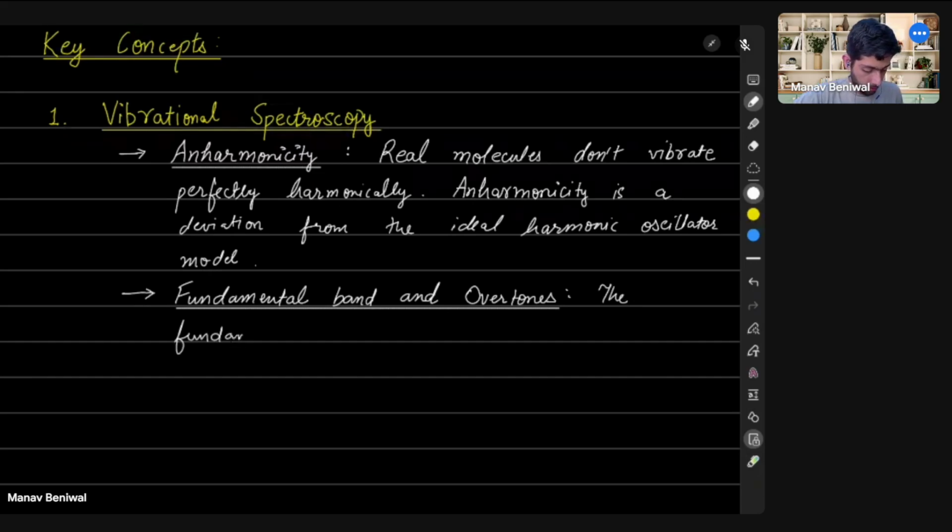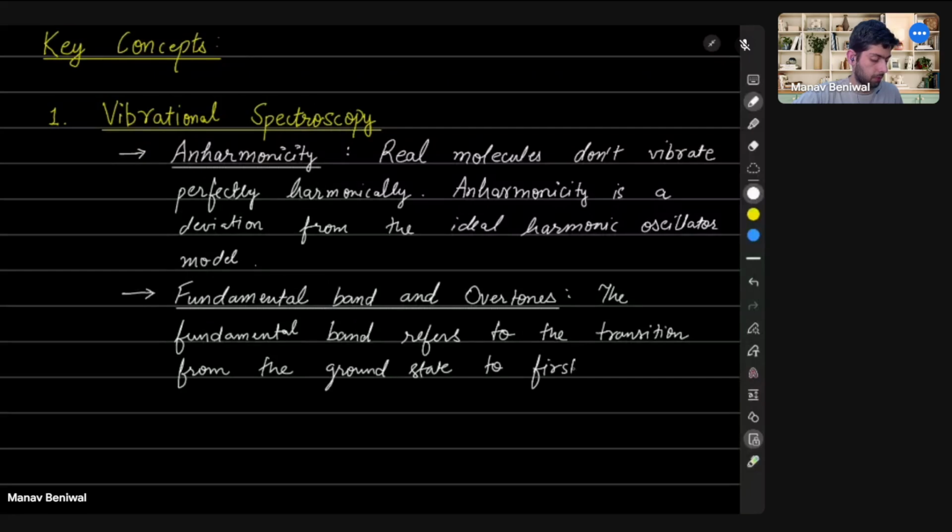The fundamental band refers to the transition from the ground state to the first excited state, and overtones involve transitions to higher excited states.